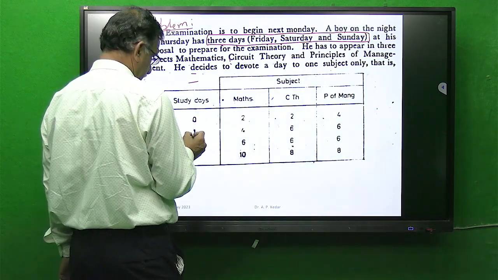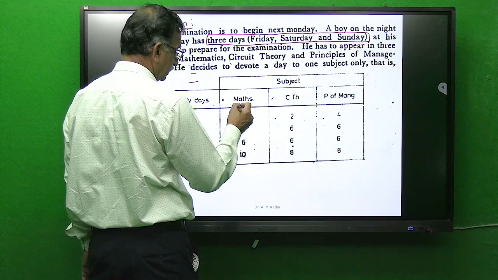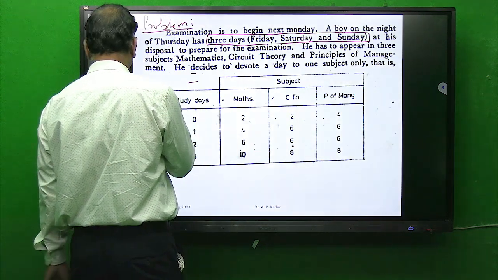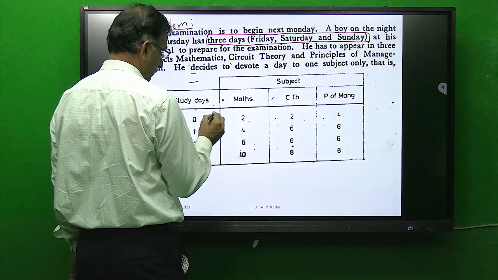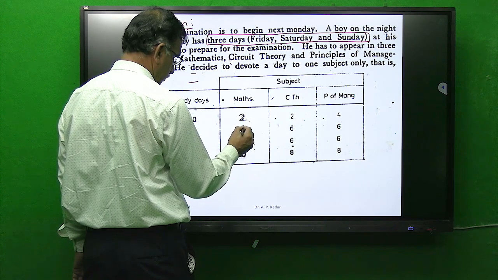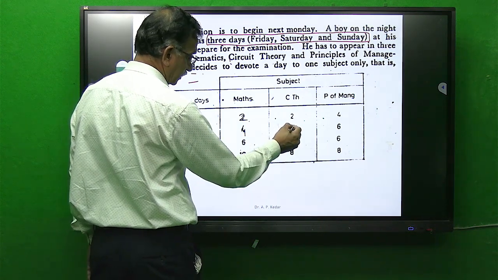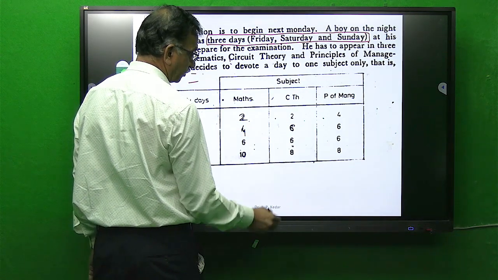Now, this data given is for maths. For maths, this is 2, this is 4, 6, 10, this is 6, 6. This is the problem given.